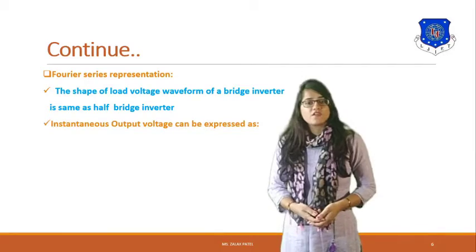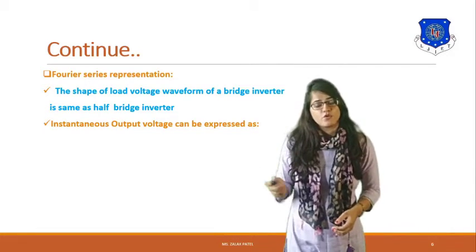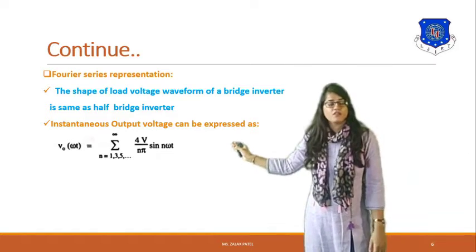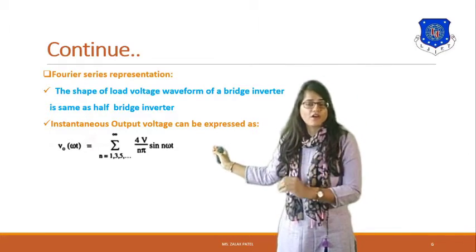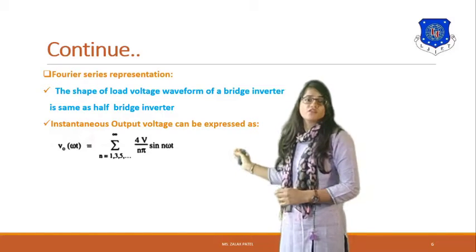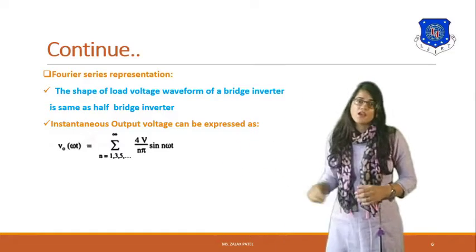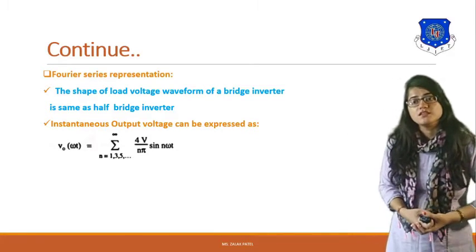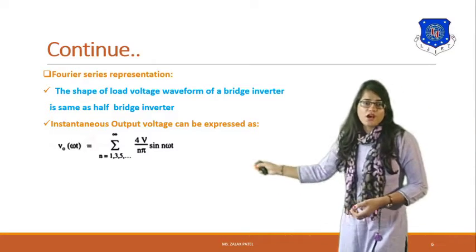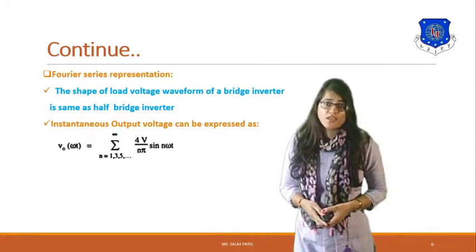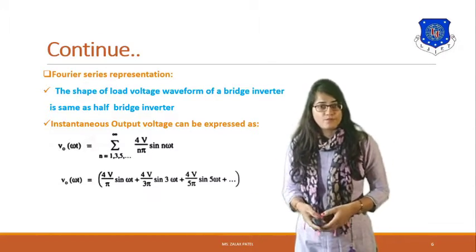The instantaneous output voltage can be expressed as the summation from n equal to 1, 3, 5, meaning odd harmonics, to infinity, of 4V upon n pi sin n omega t. Here n is the order of the harmonic and omega is the angular frequency.